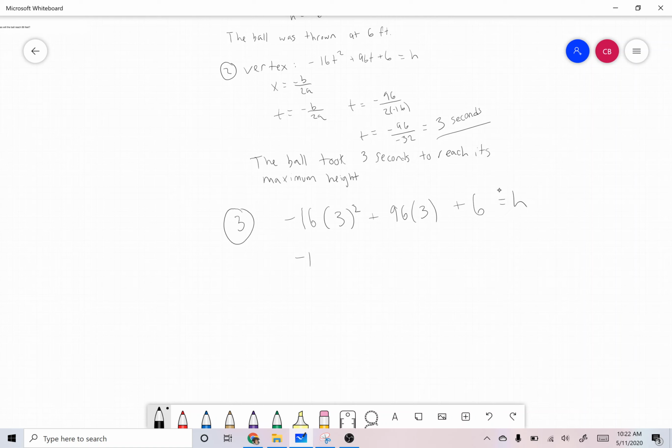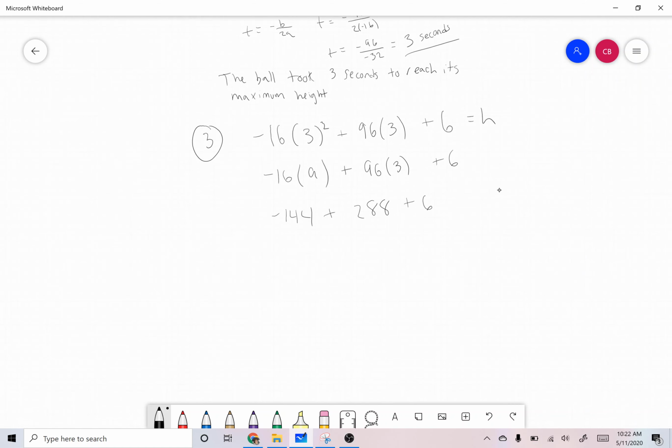This is going to be negative 16 times 9 plus 96 times 3 plus 6. Negative 16 times 9 is negative 144. 96 times 3 is 288. Okay. And so this is negative 144 plus 288 plus 6, which is 150 feet.